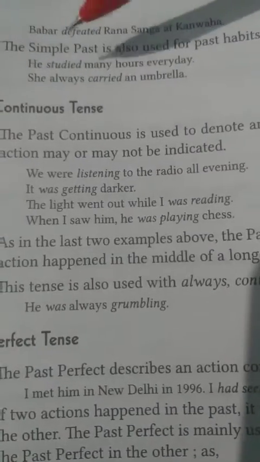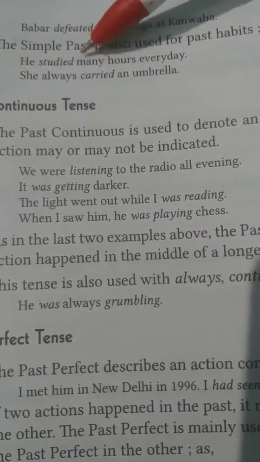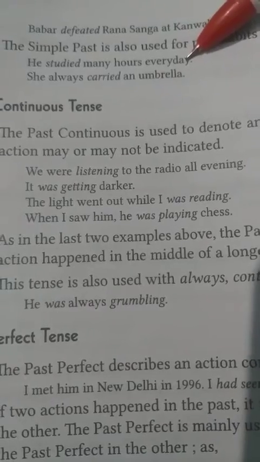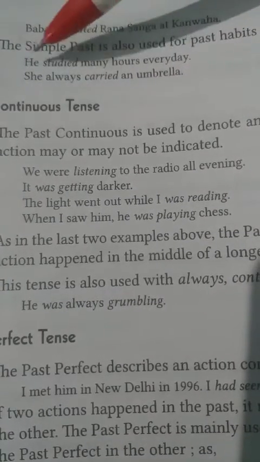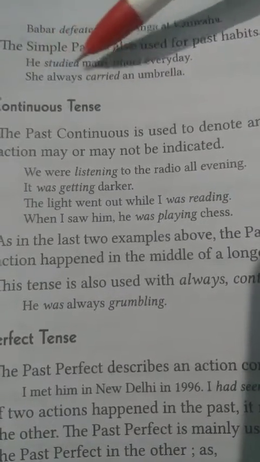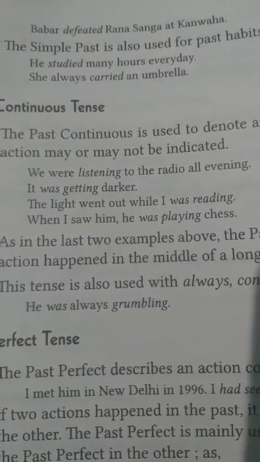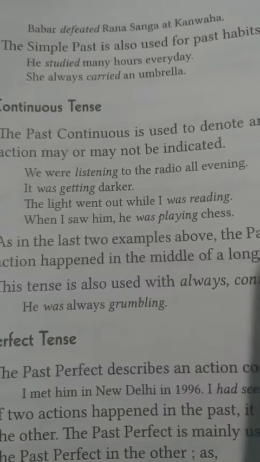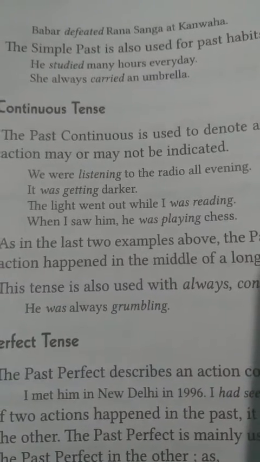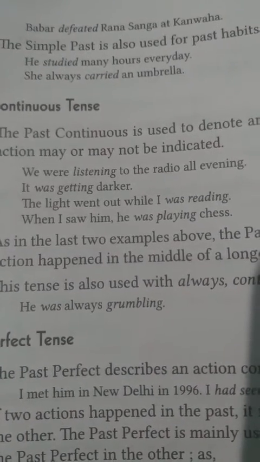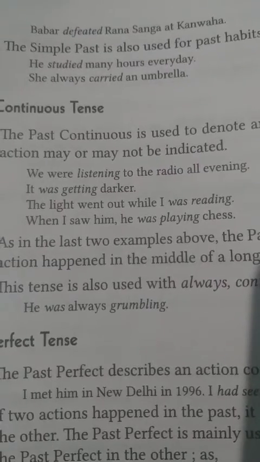Past habits, like, he studied many hours every day. Here, he studied means he does not study at this time, but he studied already. He did study many hours every day. So this indicates the past.